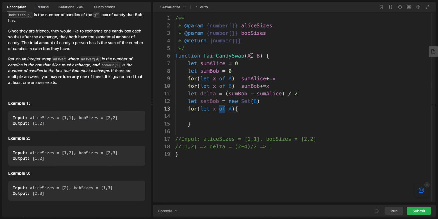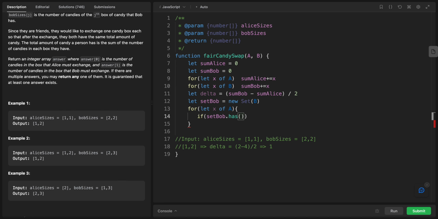So what are we going to say? If Alice gives x, Alice expects to get x plus delta.